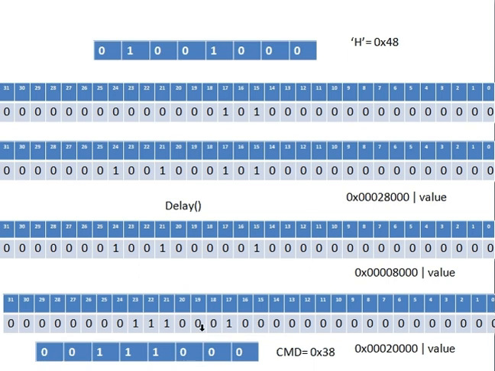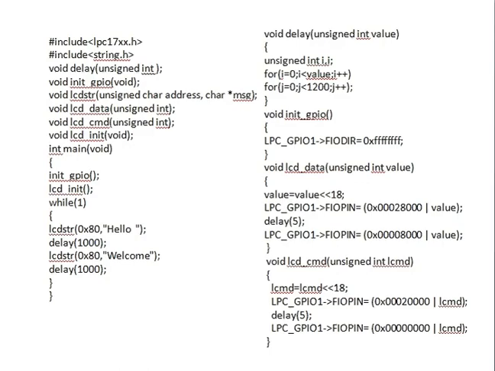When we shift the data 18 bits, it goes to the location 18th to 25th location. This data gets passed, and the remaining location starting from 0 to 17 will be filled with 0. And this information should reach the FIO pin register.